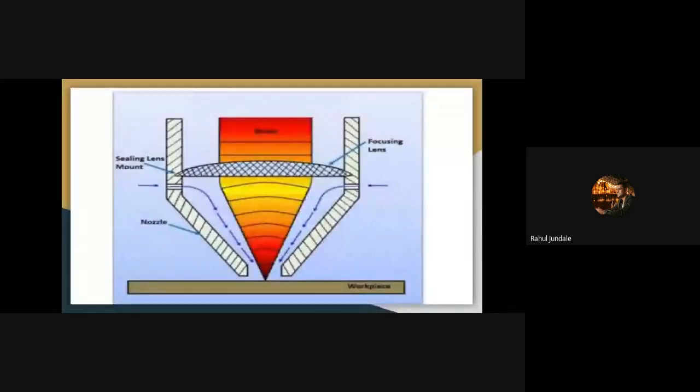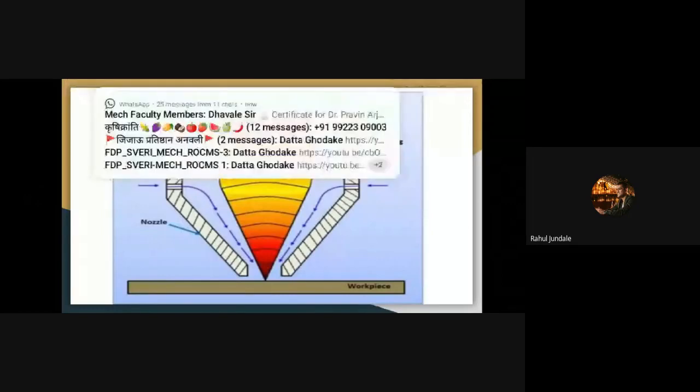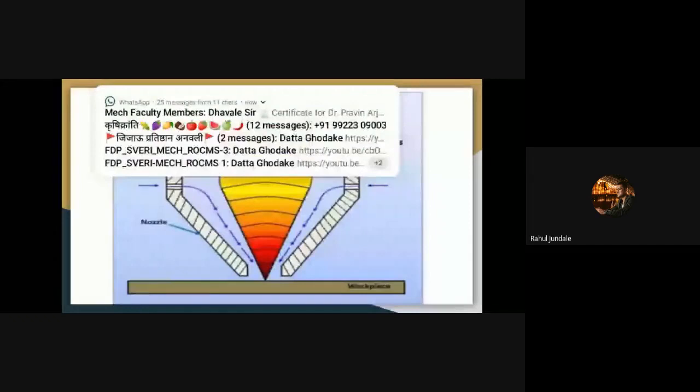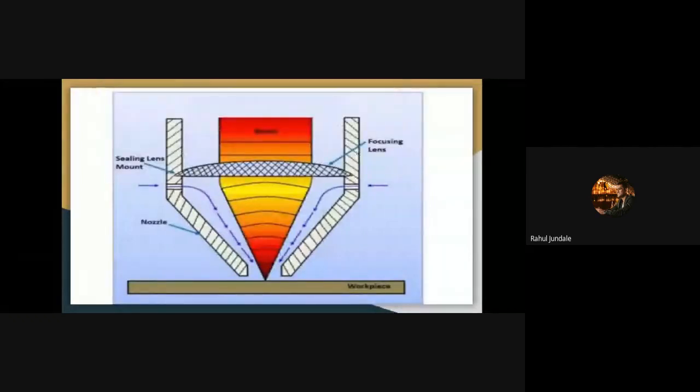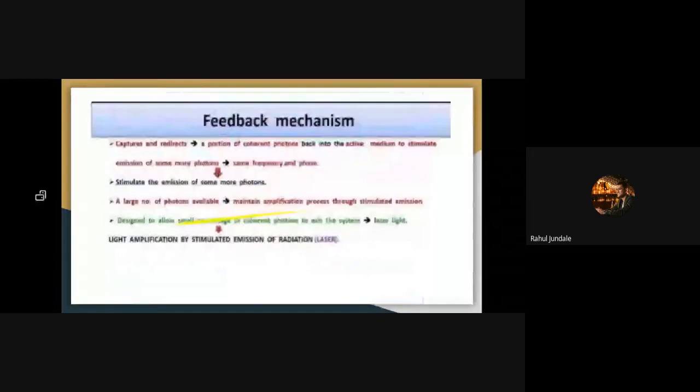In the next lecture, I will show another diagram, which is very simple, and you can draw that also.